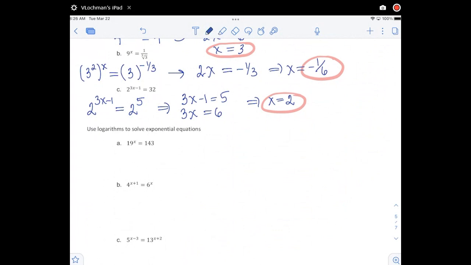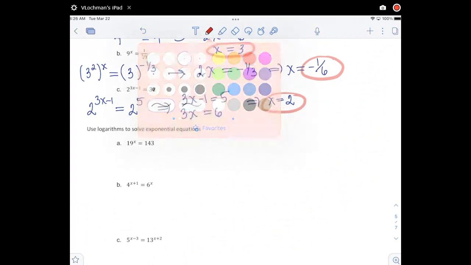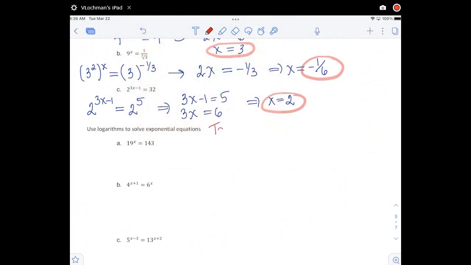There's a trick here that we need to be aware of, and we need to take natural log or log of each side of the equation. You'll see that we will be applying the power rule for logs to solve these equations, and most of the time the answers that we're going to get are not going to be nice integers or fractions.